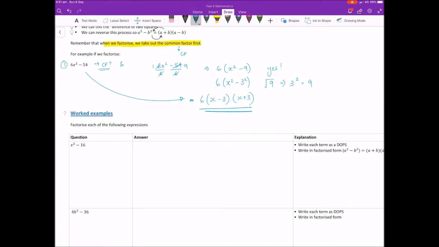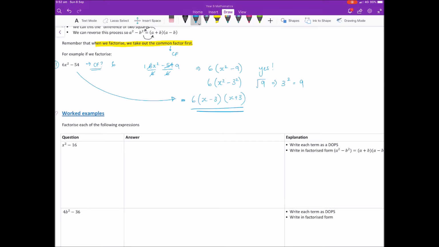So let's take a look at some worked examples. The first one says x squared minus 16. The first step we're told to do is to write each term as a difference of perfect squares. So I'd write x squared minus, and 16 is a perfect square. If we just take 16 as a number, it's actually 4 squared.